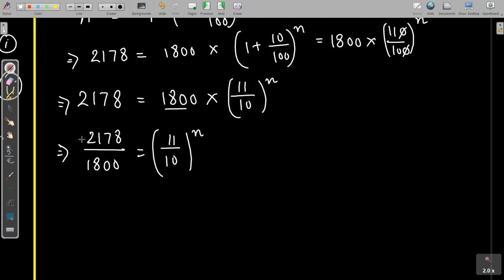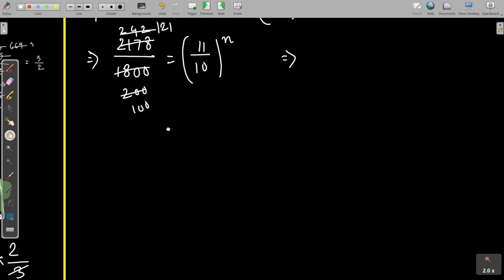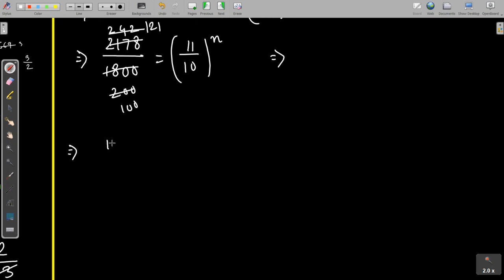Now let's check if this thing can be written down somehow like this. So we have 18 here, so I'm going to try and divide this by 18 or 9. Let's divide by 9. So 9 times 2 is 18, this would also be divisible by 9, right? 9 times 242 is 2178, 9 times 200 is 1800. Then again I divide by 2, so 100, and I get 121 by 100 is equal to (11 upon 10) to the power n. 121 is 11 square, 100 is 10 square.